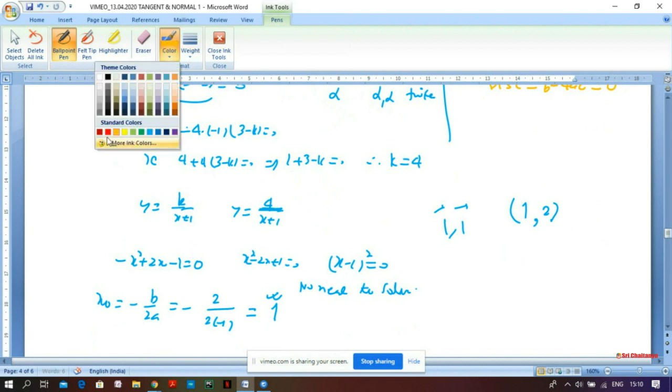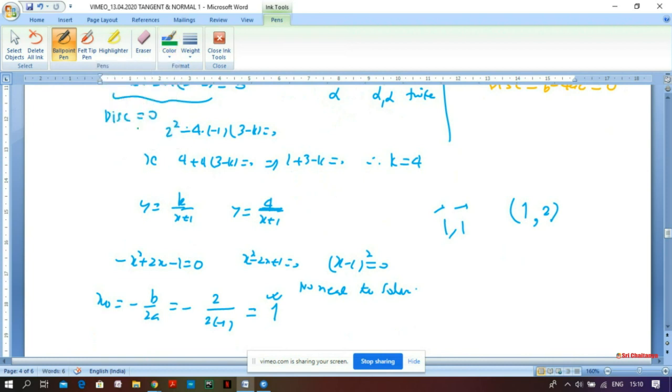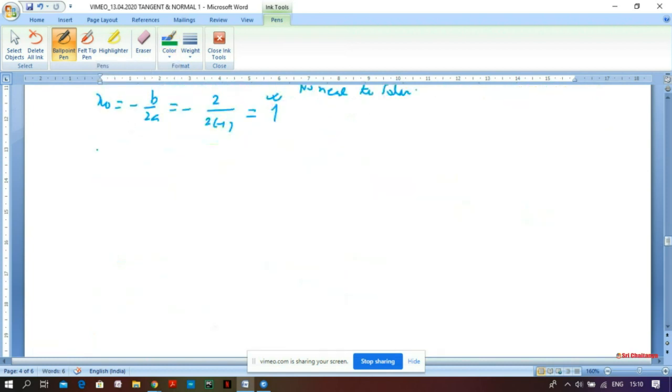Let me take up the other example. Now a similar question, but a little tricky. Suppose there is a curve y equal to x cube. I just drew it before, y equal to x cube.